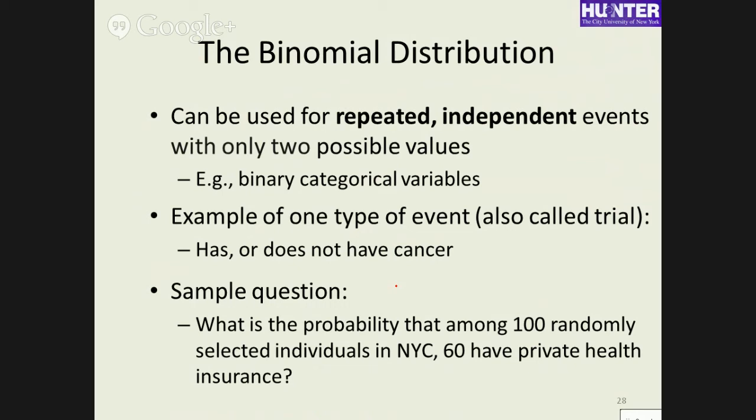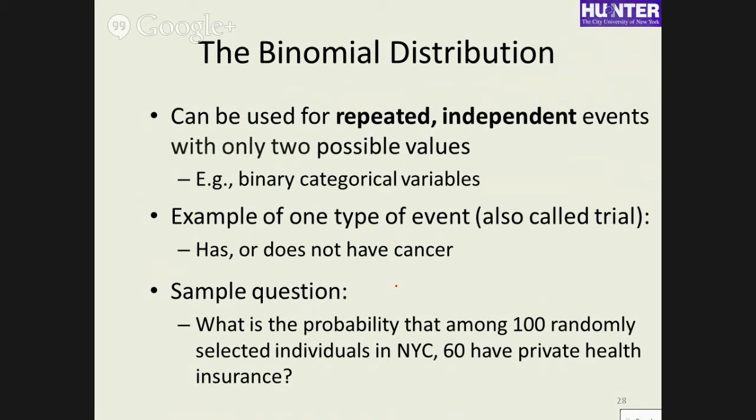So individual observations can only take one of two values, but we look at numerous outcomes, of repeated independent events. And then it is the count of the numbers of each of those outcomes that is binomially distributed.